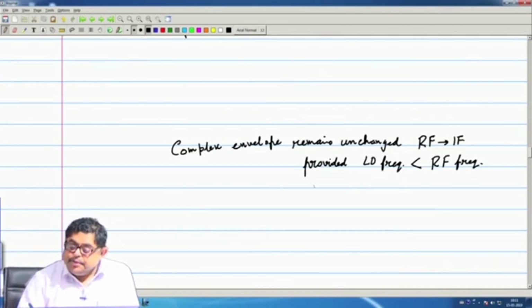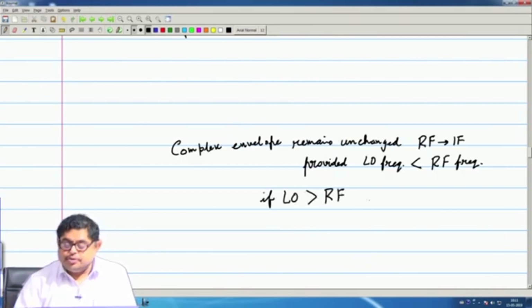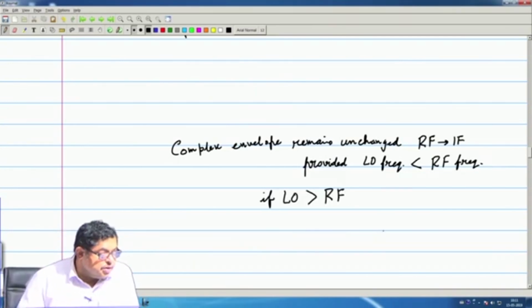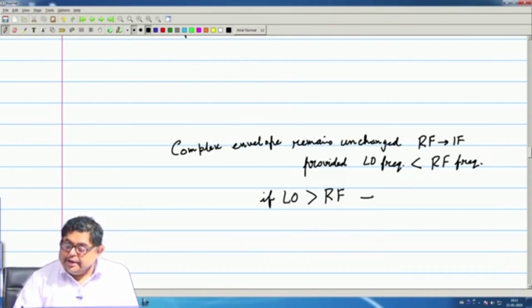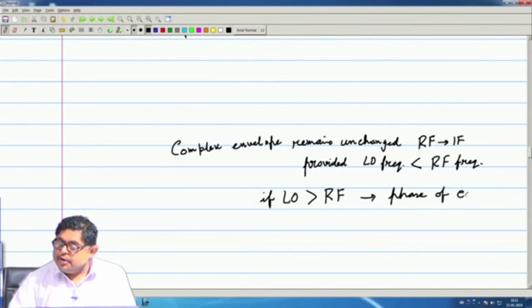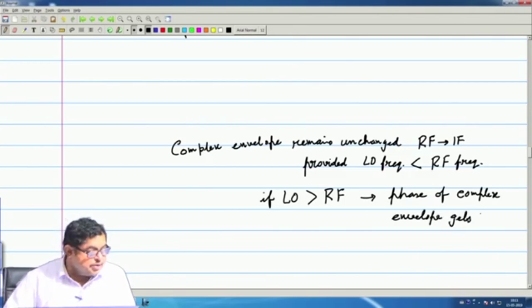And if it is not, because I can make the LO greater than the RF also, then the phase of the complex envelope gets inverted.